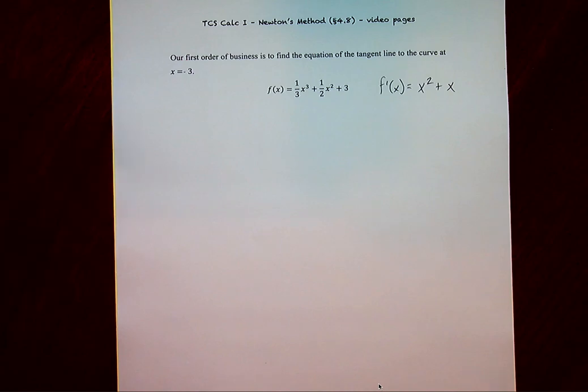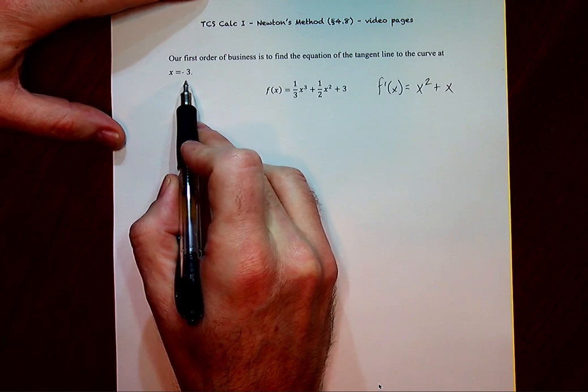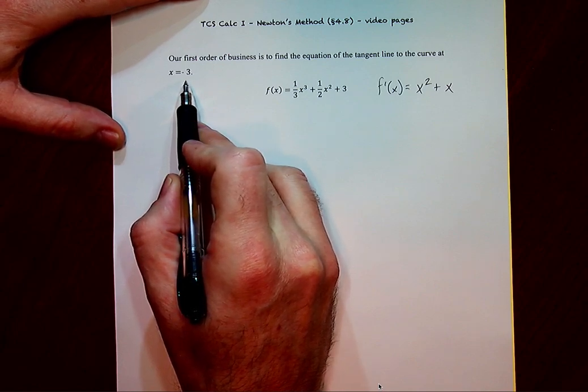I am using the tangent line at x equal to -3, and we're looking for the tangent line to the curve, so the point needs to be on the curve.